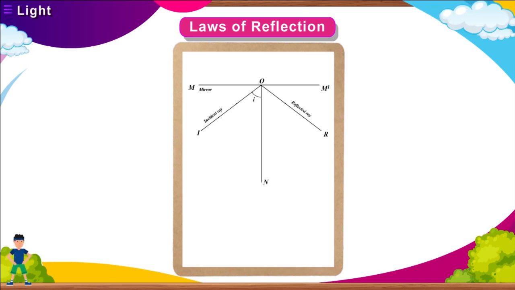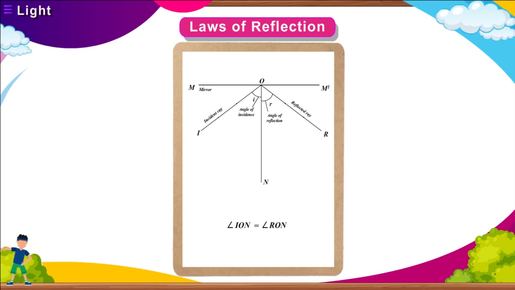Measure the angle ION and the angle RON. You will find that the angle of incidence is always equal to the angle of reflection. It means angle ION is equal to angle RON. It proves the first law of reflection.